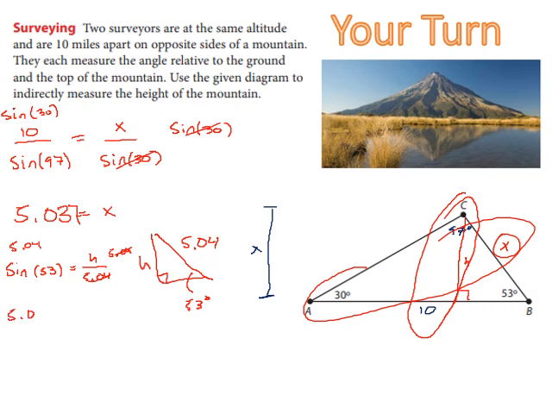So 5.04 times sine of 53 is equal to our height. So 5.04 times sine of 53, and we get 4.02. So to the nearest mile, that would be 4 miles high. So the altitude of this mountain is 4 miles. That's it.